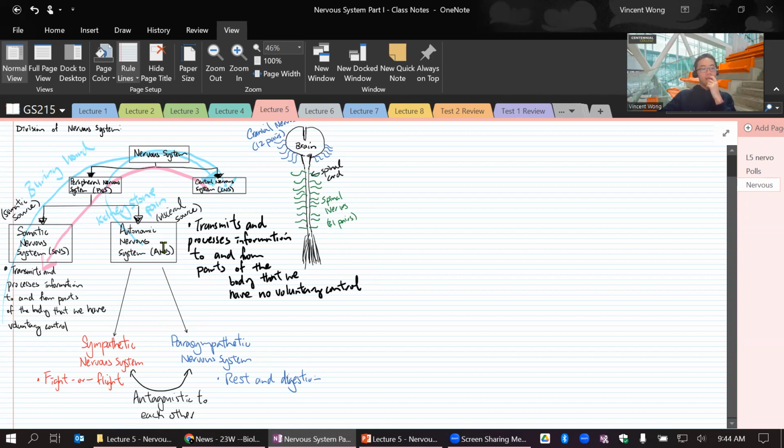The ANS and the SNS will ultimately send all that information to the CNS, where the ultimate decision is going to be made. This is the final destination of all sensory information. Then you will make the decision of what to do with it in the CNS before sending it out again.